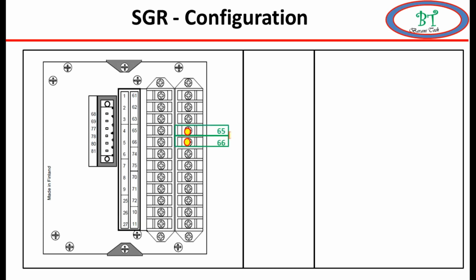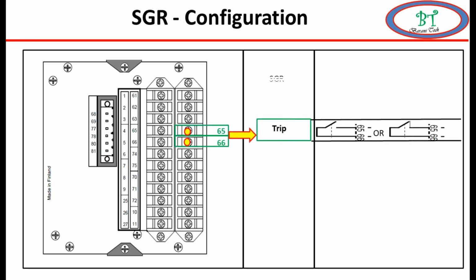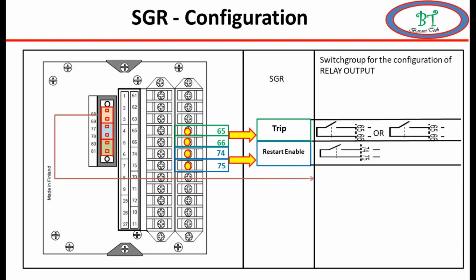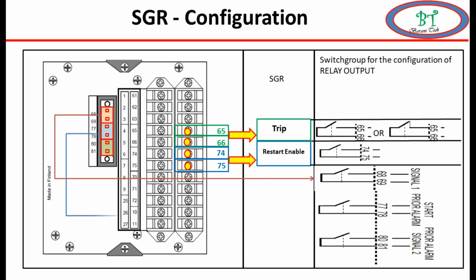Next we will see SGR configuration. This is a switching group for configuration of output relay. The output relays which we are going to configure: terminal 65 and 66 is the main trip contact, 74 and 75 is relay reset enable, programming signal 68 and 69, alarm terminal 77 and 78, and one more programming signal 80 and 81.